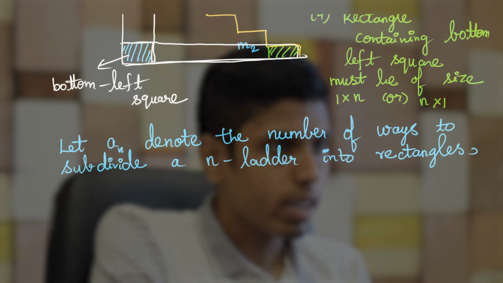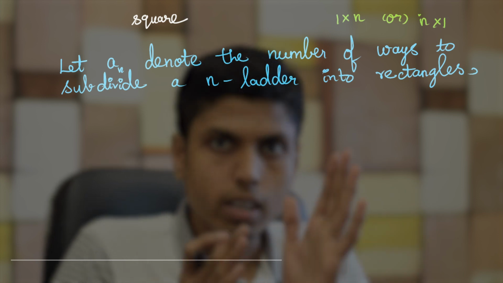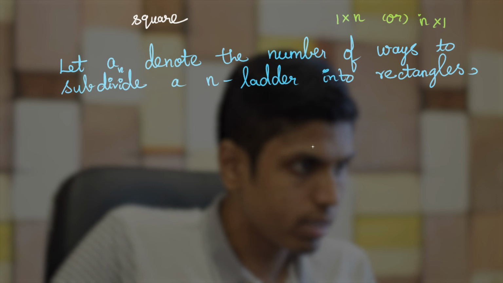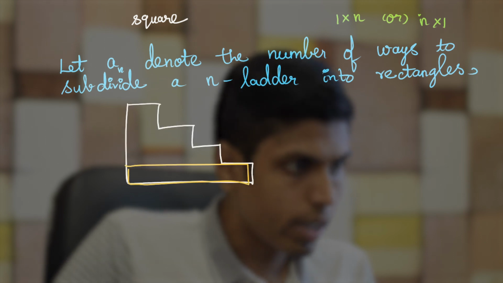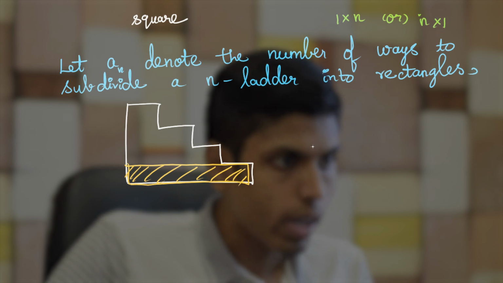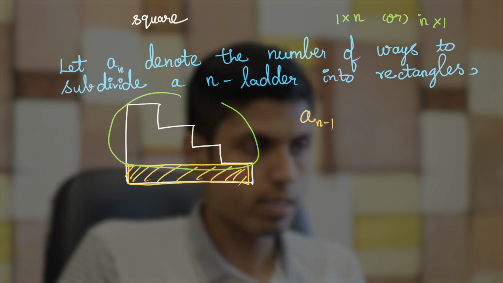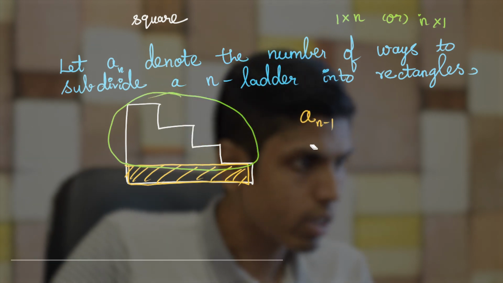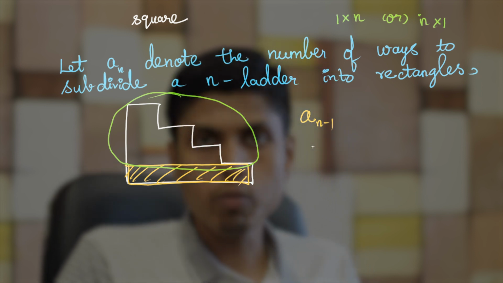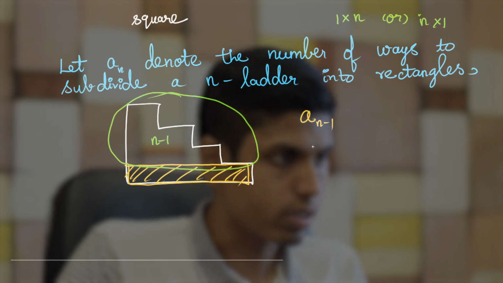We know that there must be a 1 cross n or n cross 1 rectangle divided from this ladder. So let's say this is the ladder and we have removed this rectangle from the ladder. Then this corresponds to a_{n-1} ways to divide this n-1 ladder, because removing the bottom row would form an n-1 ladder and a_{n-1} is the corresponding number of divisions.